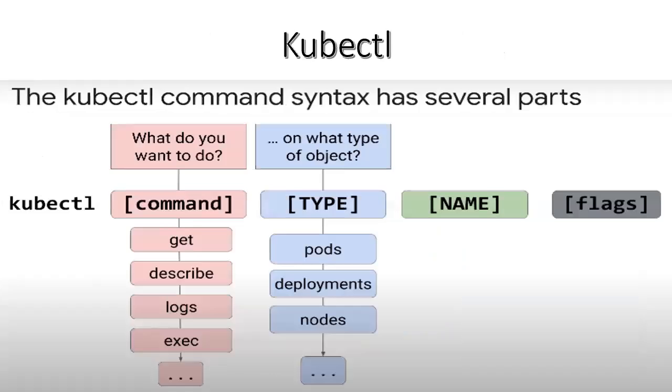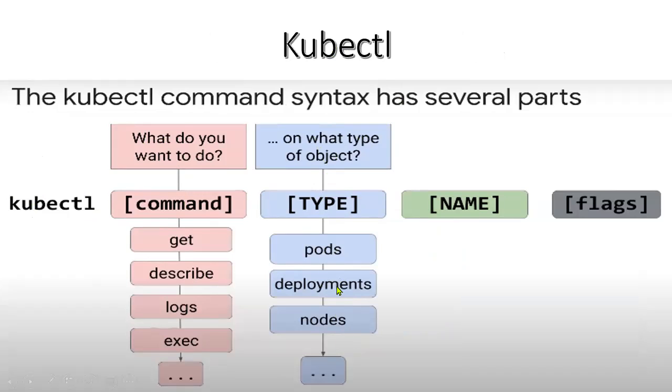Now, kubectl commands. kubectl is the command, and you tell it what to do. What you want to do, you specify here, like get. It can be describe, it can be create, it can be expose, and then on what type of object you want, like pods, deployments, nodes.